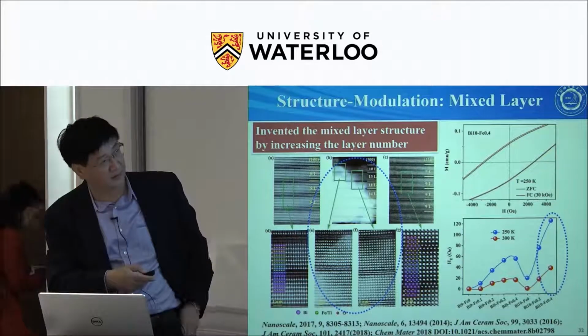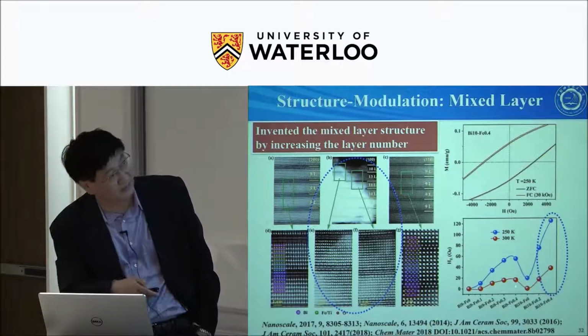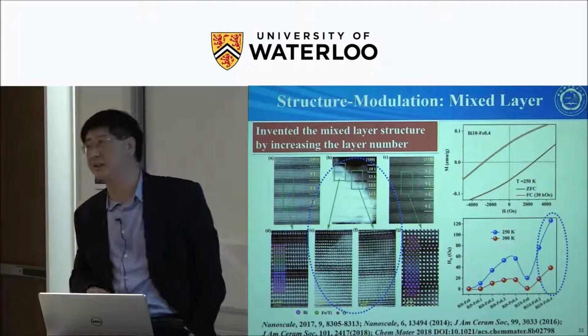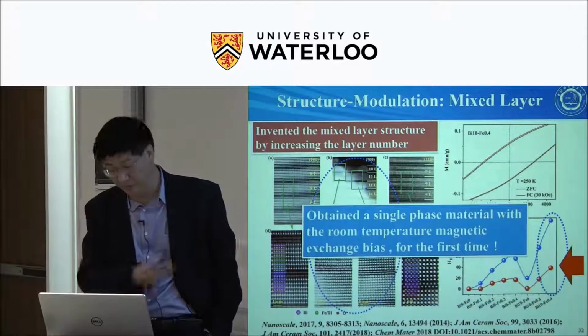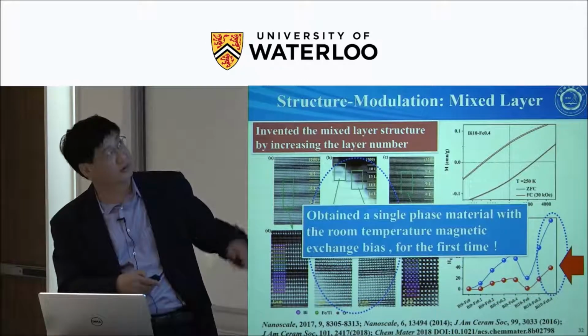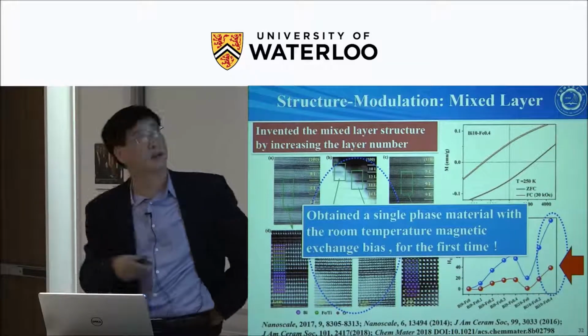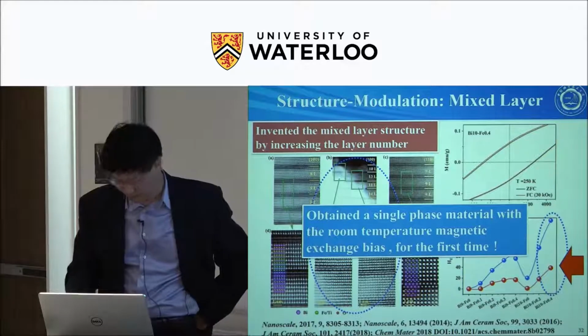Then we find very easily, using this strategy, we can move this exchange bias temperature to room temperature. So this is what we found. We call this the mixed layer, called structural modulations. So this is a good way.